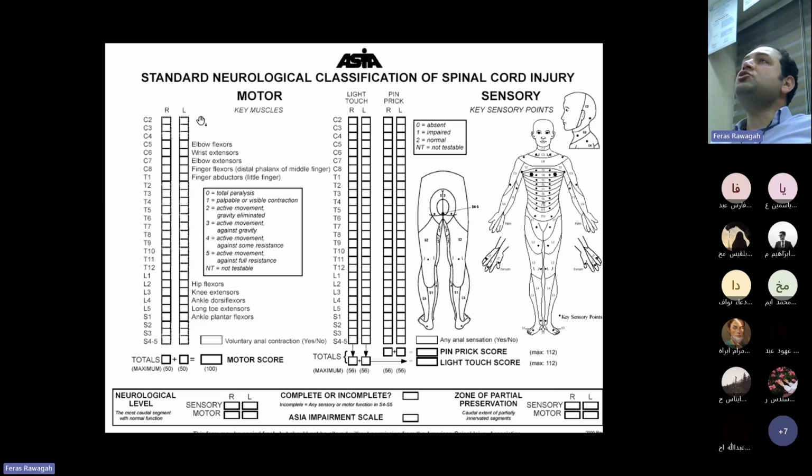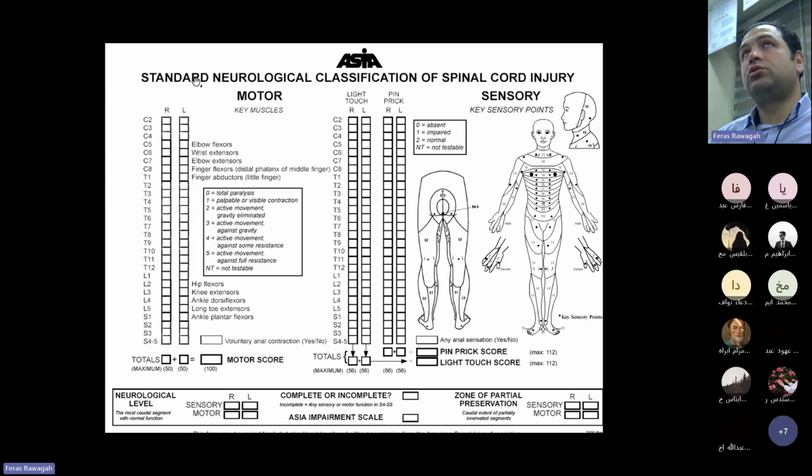In this chart, we have the motor, the myotomes here, and the sensory, the dermatomes here. As you see, we examine each level, the right and the left, the light touch, the pinprick, etc.